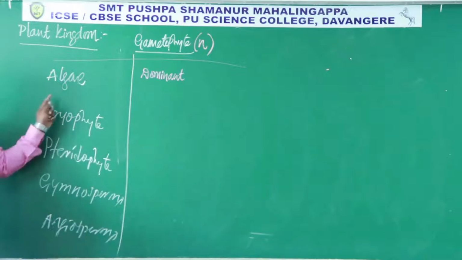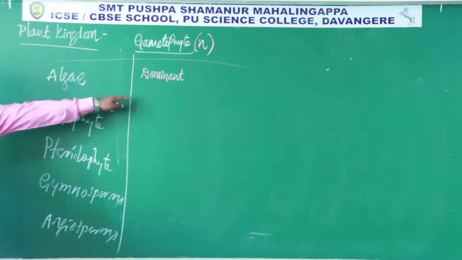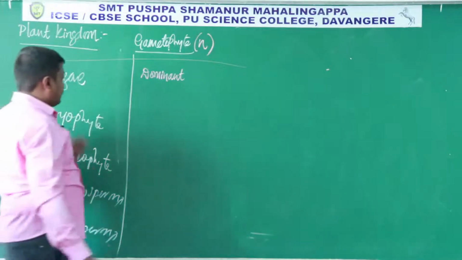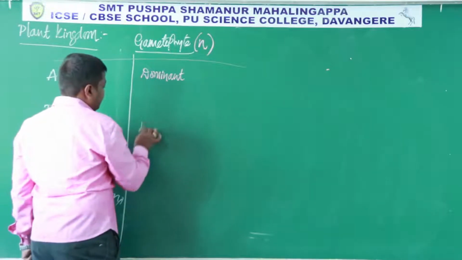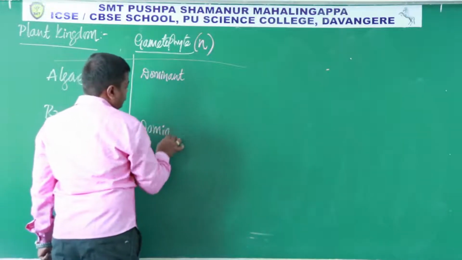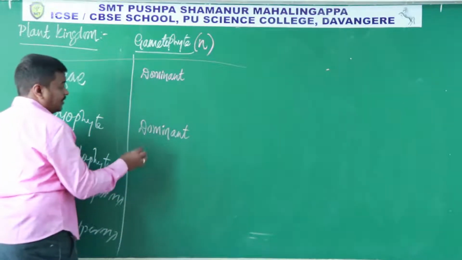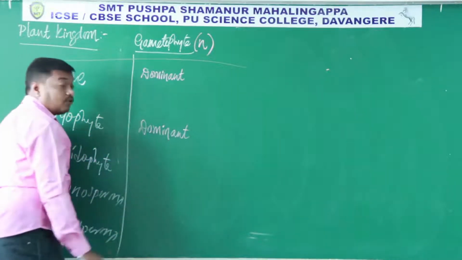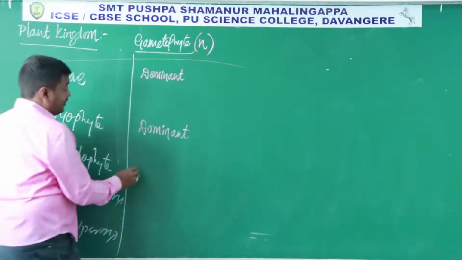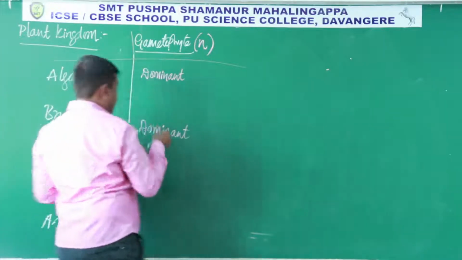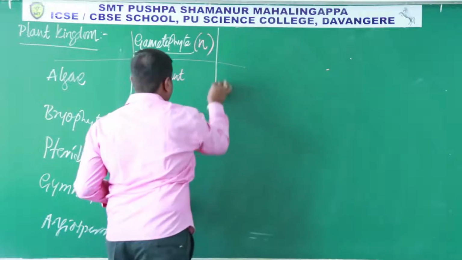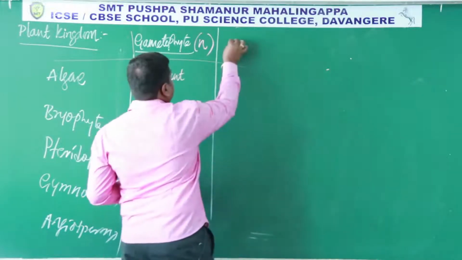In algae the gametophyte is the dominant phase, whereas in bryophyte it is also dominant. In pteridophyte, sporophyte is dominant.